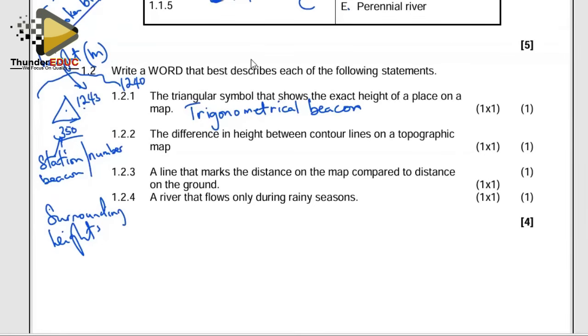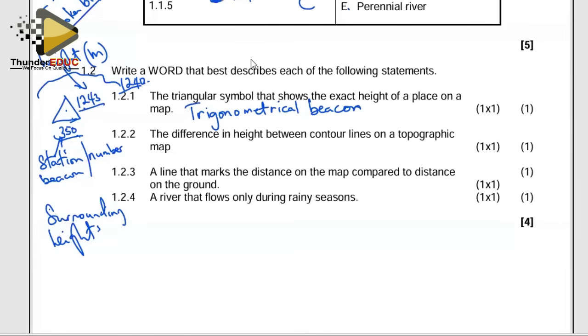Automatically, it gives you a clue of the height around that particular area. We cannot have a height of 350 close to a height of 1480. That is not normal. We cannot have that kind of gradient or that kind of difference in height between two places which are just close to each other like that. Automatically, it guides you and gives you the idea that the height is this one, which is closer to the height indicated on the contour line.